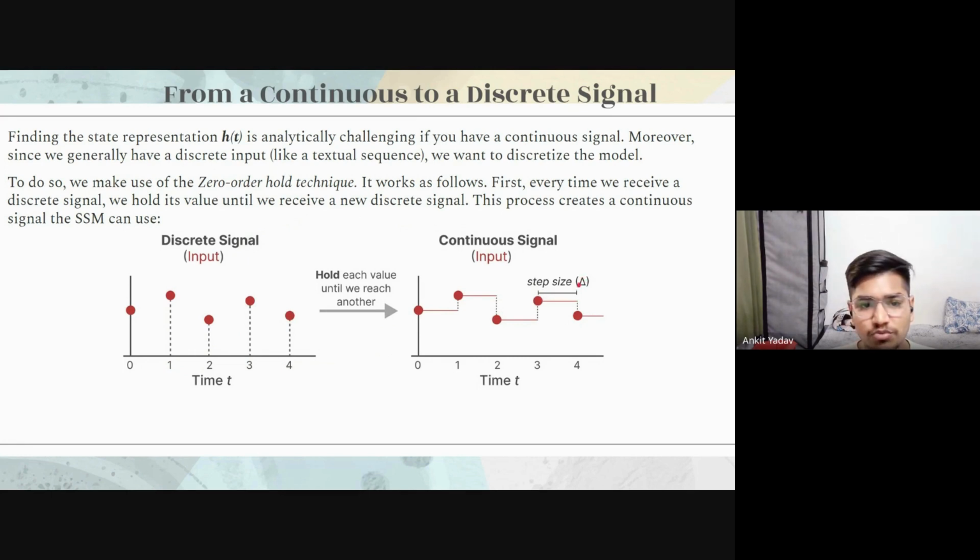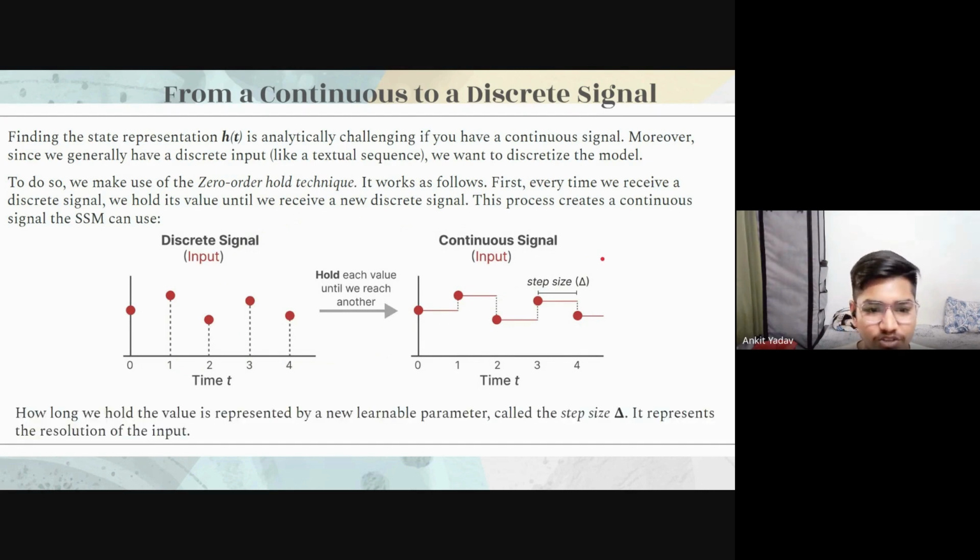For this, I use this delta parameter for discretization. In simple language, it's nothing but tokenization; they'll just tokenize the thing, and now they'll start working on these tokens. So the step size tells how long we have to hold the value, through a new learnable parameter.